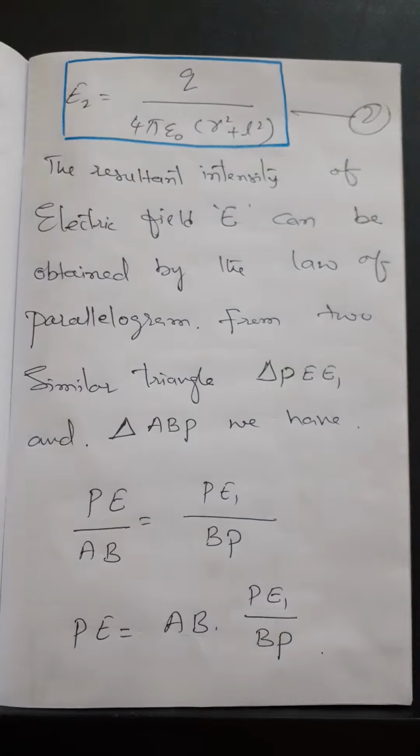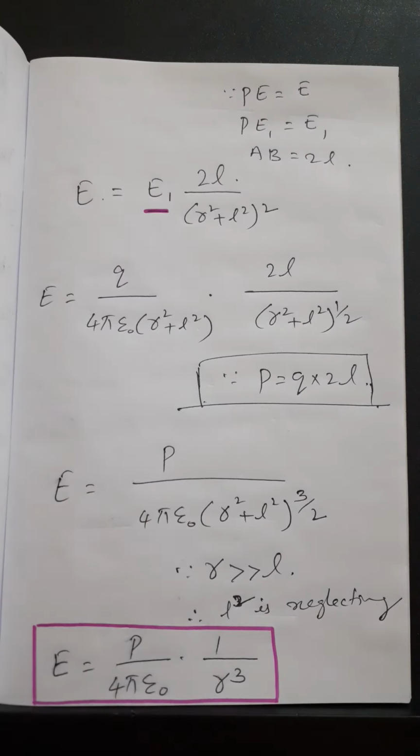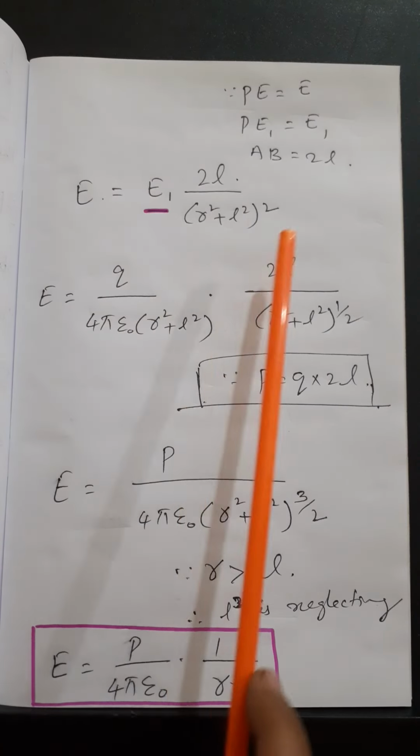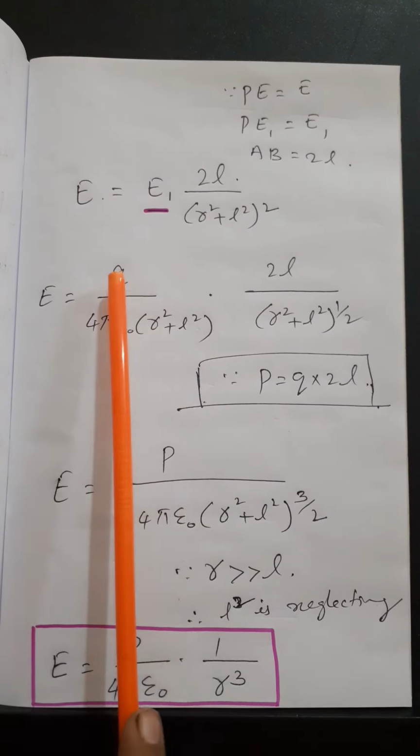So simply substituting the value of E1 into this equation, I can write q by 4 pi epsilon naught (r square plus l square) times 2L over (r square plus l square) to the power of half. Already I told you the AB value is 2L only.